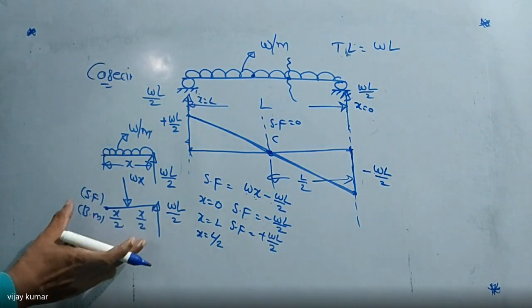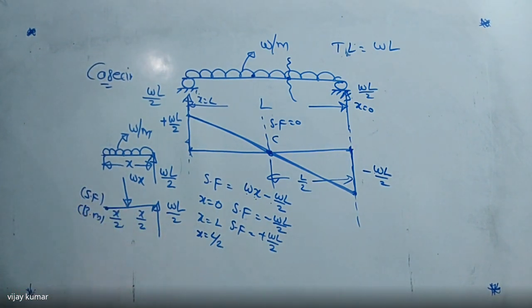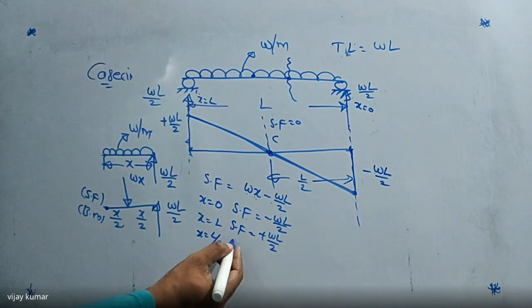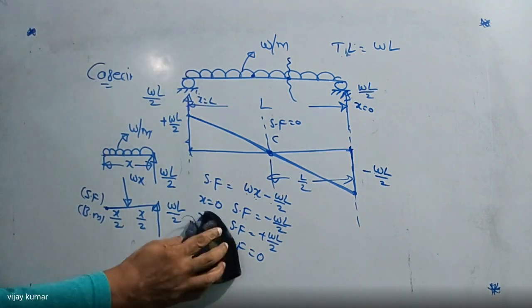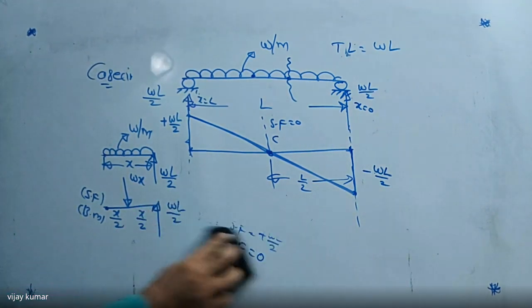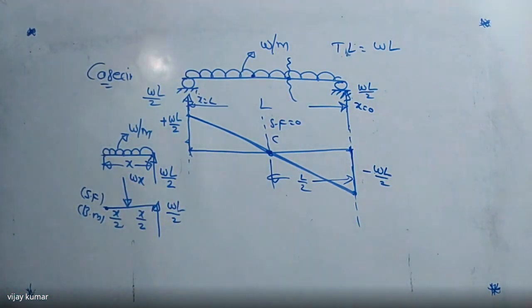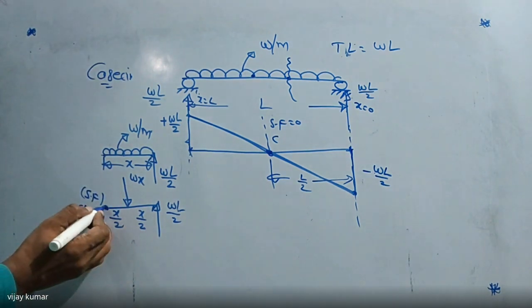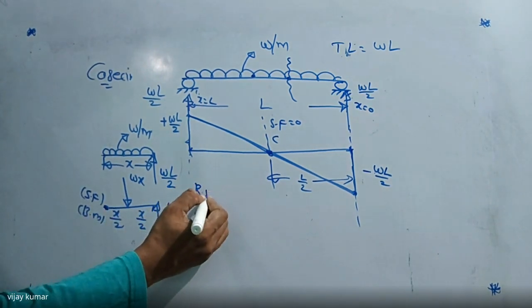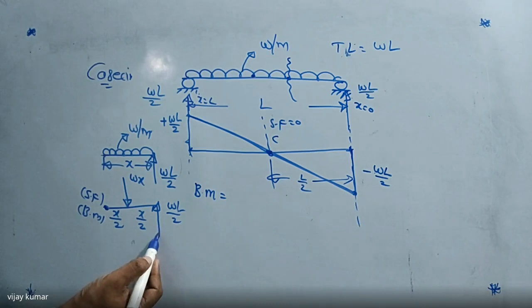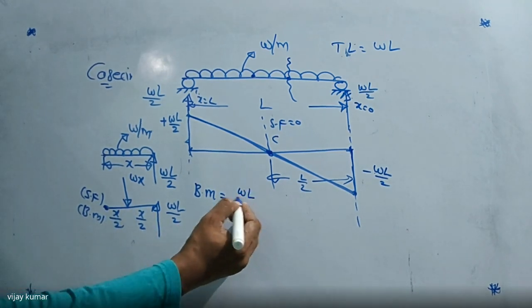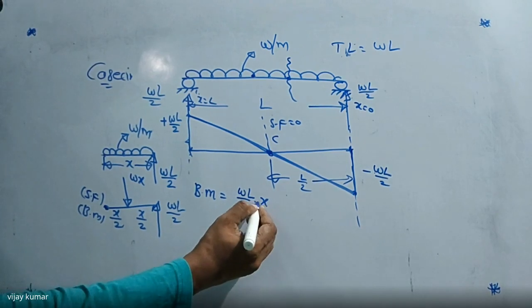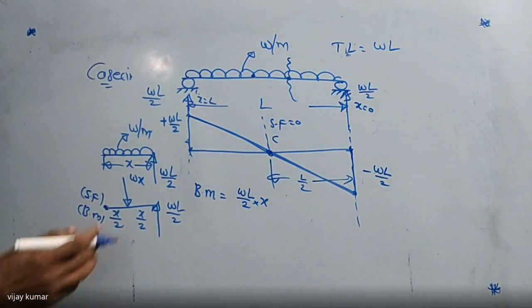Now I'm going to use the same diagram. I want to find the bending moment here. Listen carefully. So what is the bending moment here? Bending moment is equal to, see this one, this force into this distance. That is WL by 2 into x, which is positive.